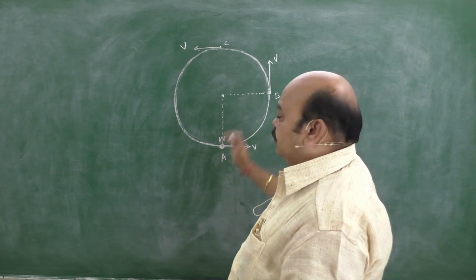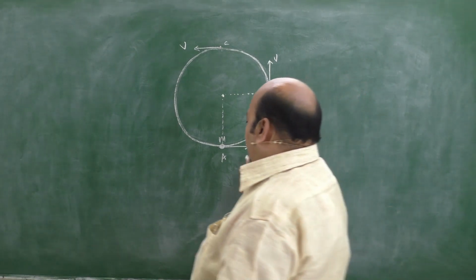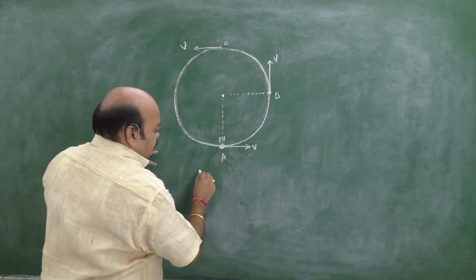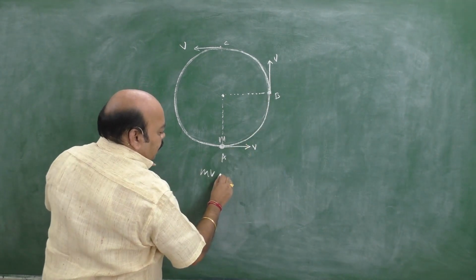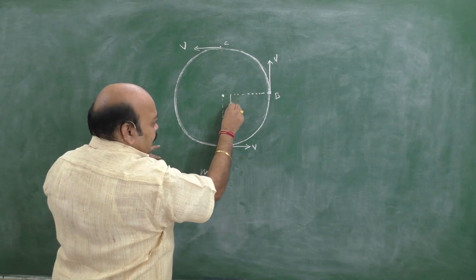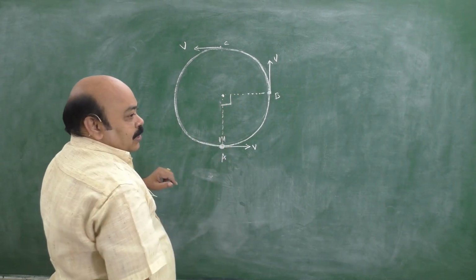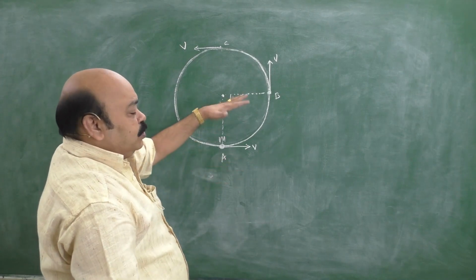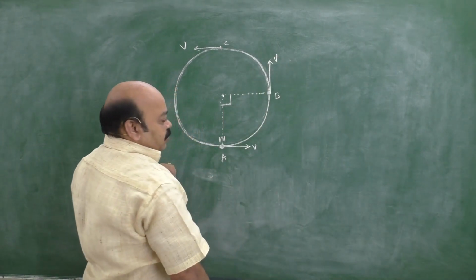These two are perpendicular to each other. Let the momentum at this point A be mv, and at this point it is also mv. Both are acting at an angle of 90 degrees to each other. Two momenta are acting mutually perpendicular to each other.